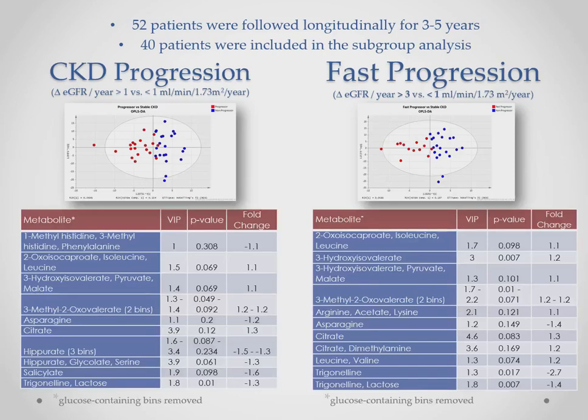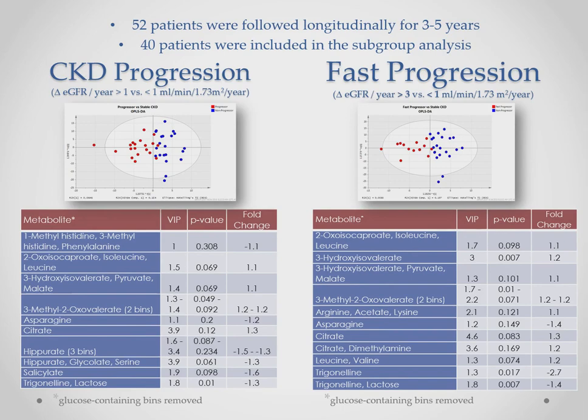We were also able to find a distinct set of metabolites referring to CKD progression and fast progression. We only had 50 samples and 40 samples in this subgroup analysis, which have been followed longitudinally, so 3 to 5 years. And in those people, we can see that the metabolomics profile nicely separated.